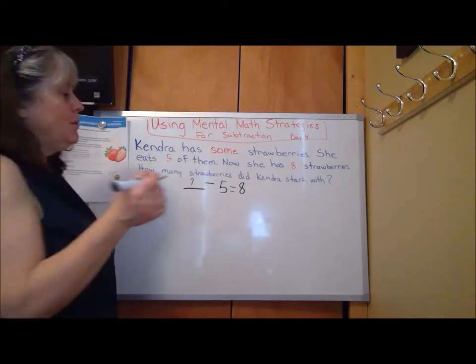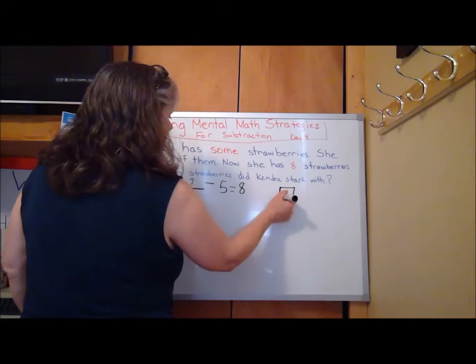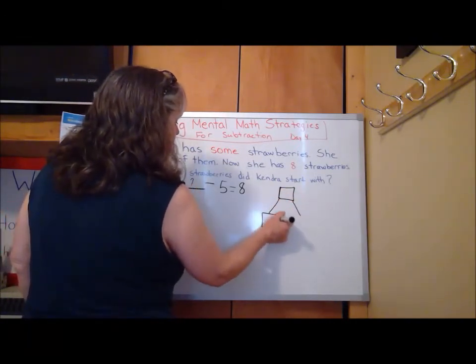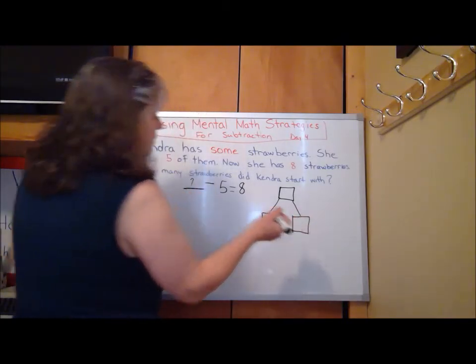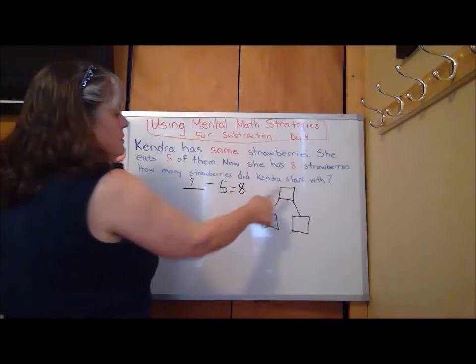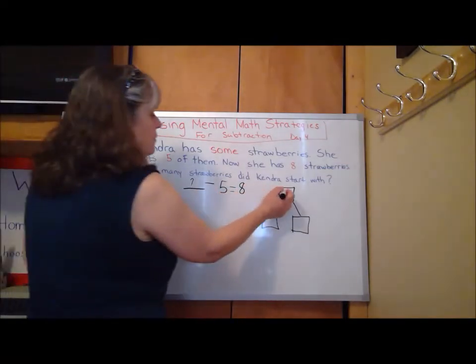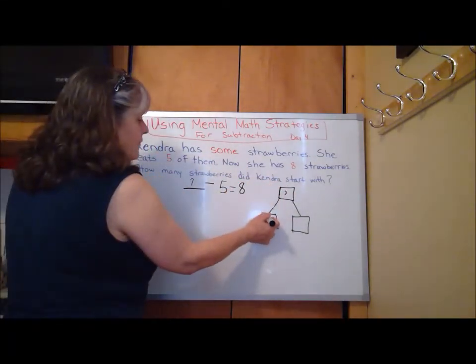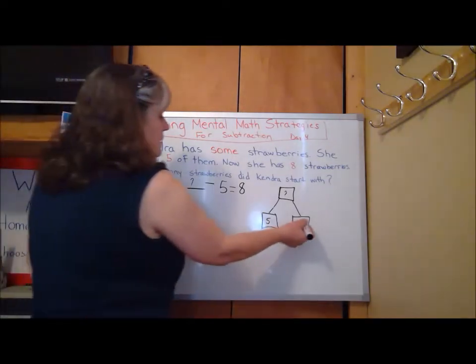So one thing I'm going to do is make our little number bond here, right? It's a lot like my part whole. I'm going to make our little number bond. Do we know our total? Do we know how many she started with? We don't. So that's my question mark. I know she ate 5. And I know that when she was done, she had 8.